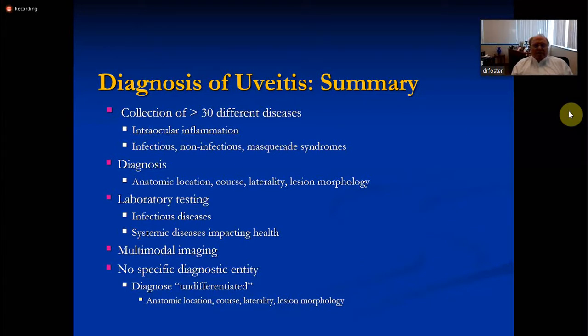Is it likely to be infectious or non-infectious or a masquerade? Is it anterior, intermediate, posterior, or pan-uveitis? And then you're going to put together a collection of laboratory tests that you'd like to do. If there's no suspicion at all for infectious disease, you can move along looking at systemic diseases that can cause uveitis.